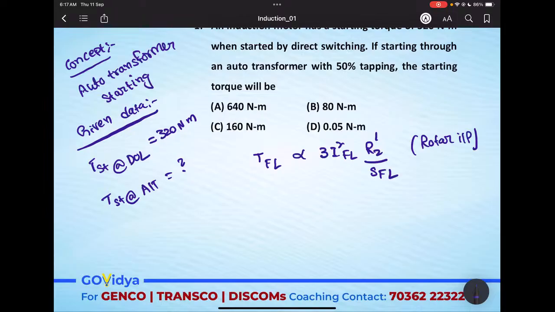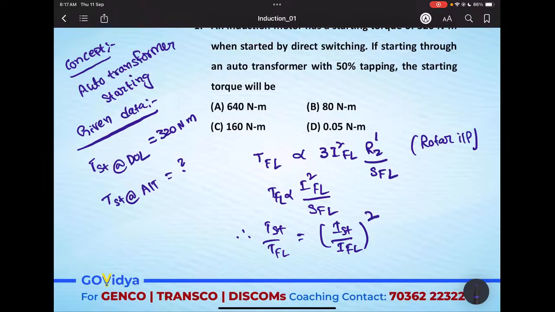From this we can write that full load torque is directly proportional to IFL square and inversely proportional to SFL. Let's write the equation as starting torque to full load torque equals I starting divided by I full load whole square into SFL by S starting, where S is the slip.